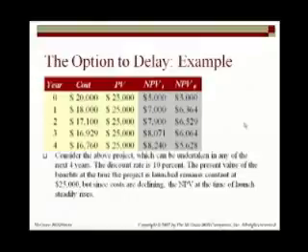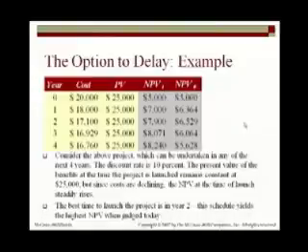So what we see here is that it makes sense for us to delay the implementation of this project for 2 years, and that's the optimal delay. And after that, it doesn't make sense to delay any further. Okay, and there's where the 6529 came from. It's the $7,900 in 2 years, discounted by 10% for 2 years.